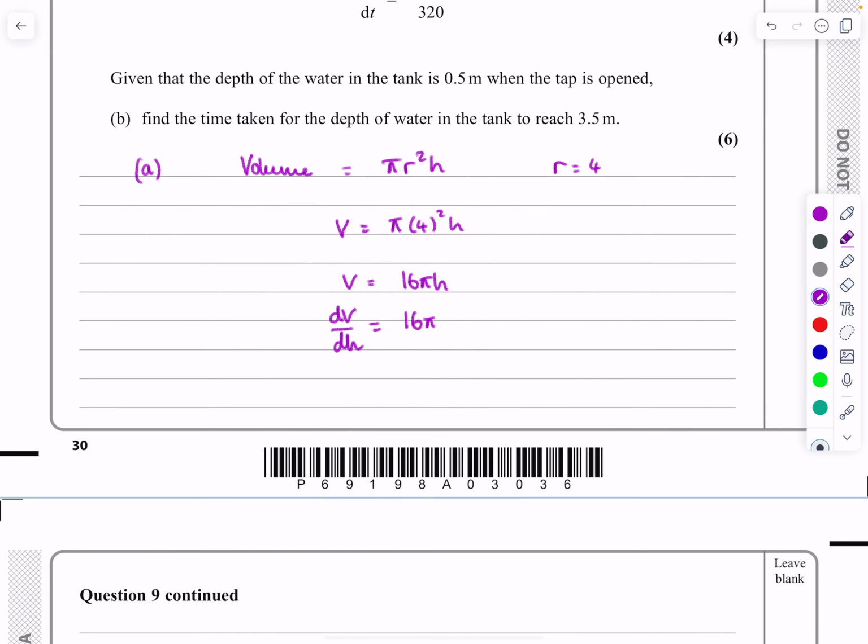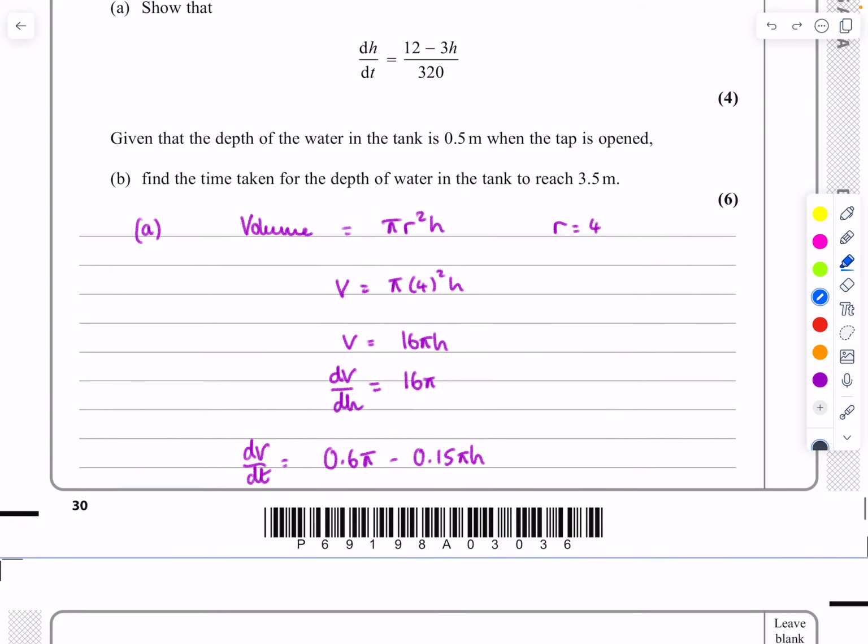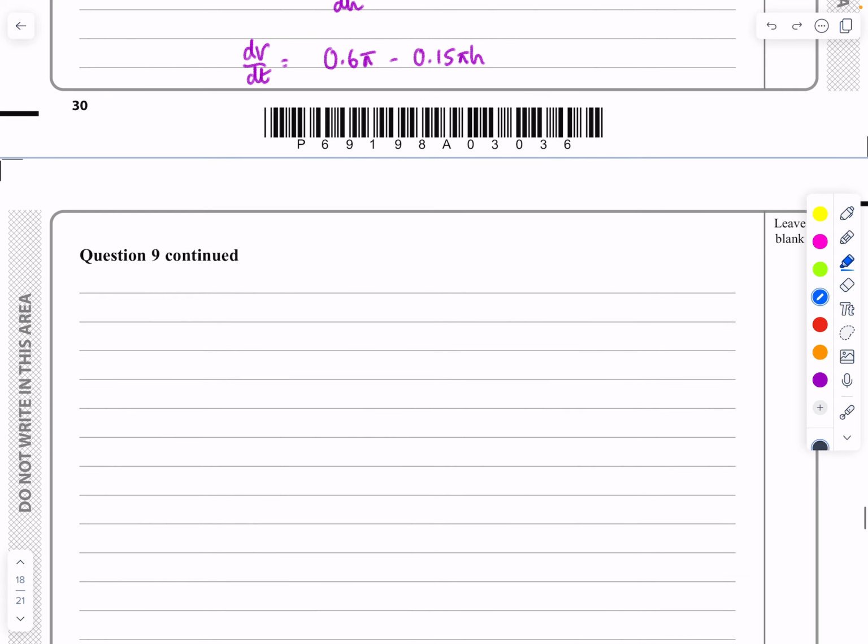Now we've already talked about dV by dt, and try and work out dV by dt. We've got water going in at a rate of 0.6 pi, and we've got it coming out at the bottom at a rate of 0.15 pi h. So brilliant, I've got dV by dH, I've got dV by dt, and the question said, can we show dH by dt up there?